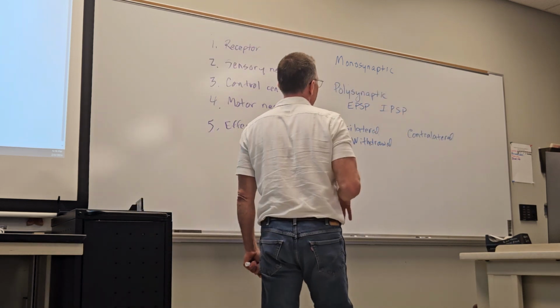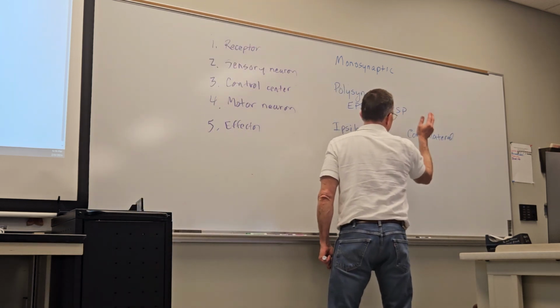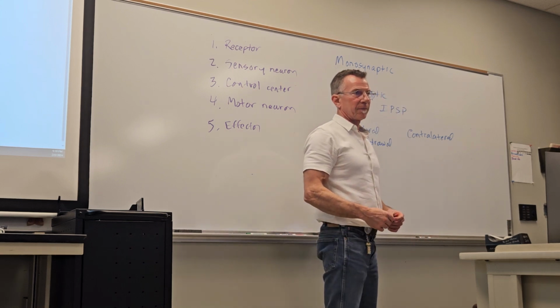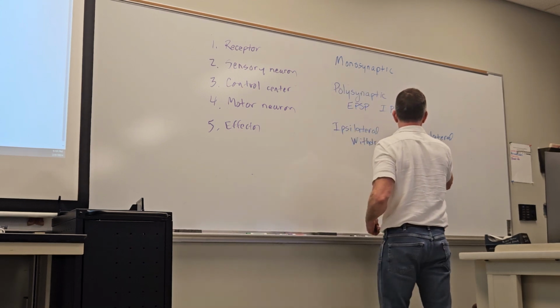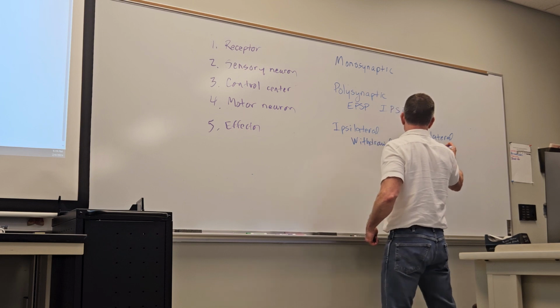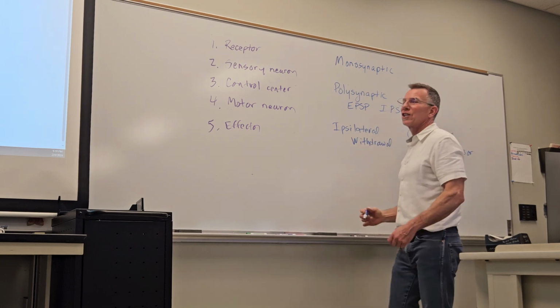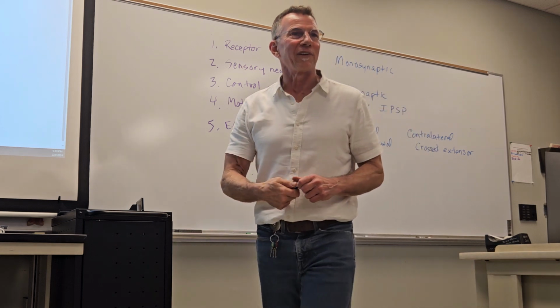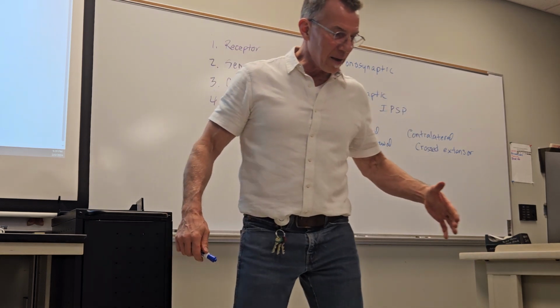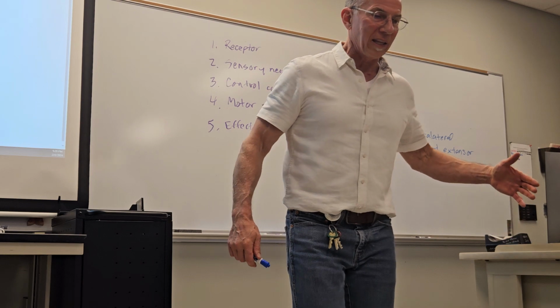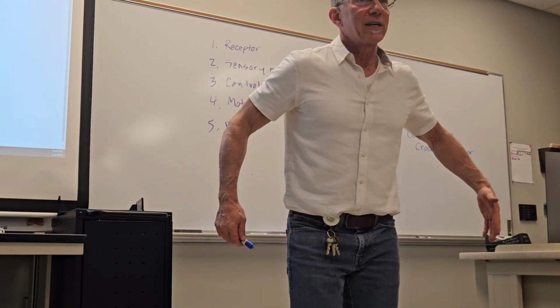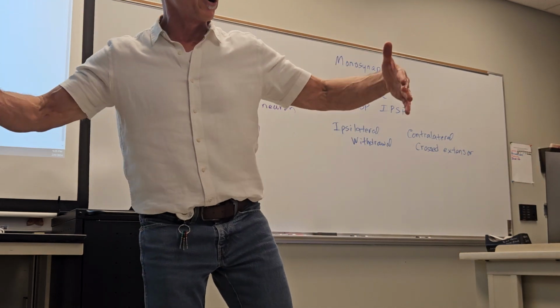What is our classic example of a polysynaptic contralateral reflex? The tack one. Cross extensor reflex. So if I step on a piece of glass with my left foot, I'm going to hop over to my right foot.